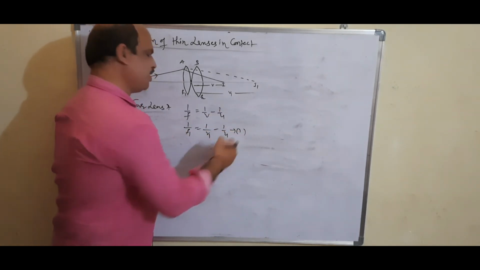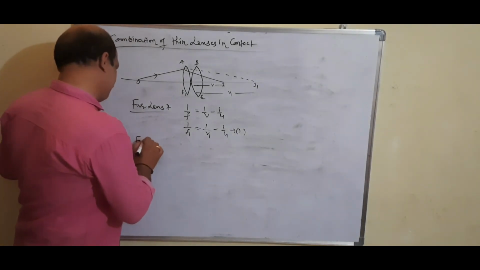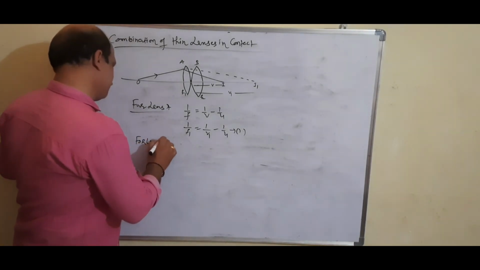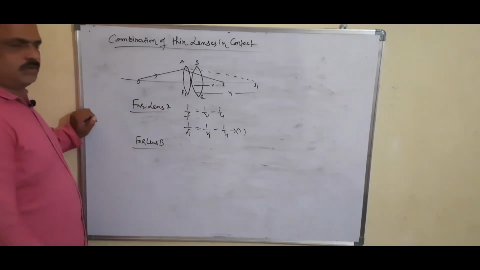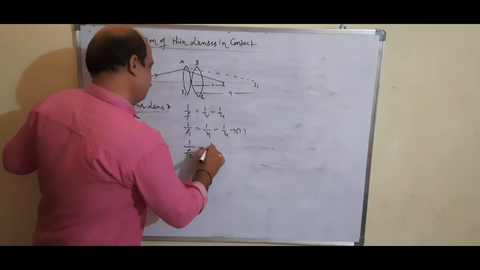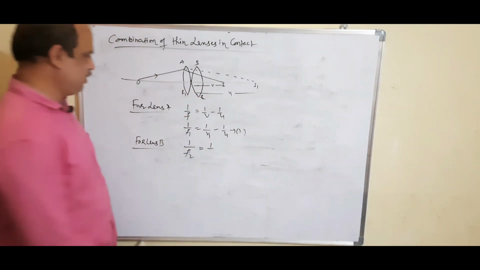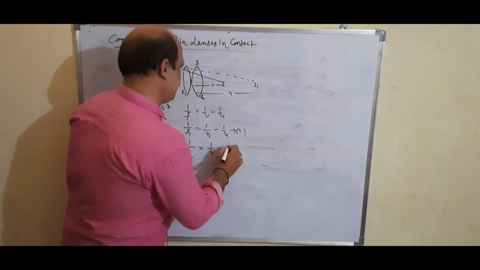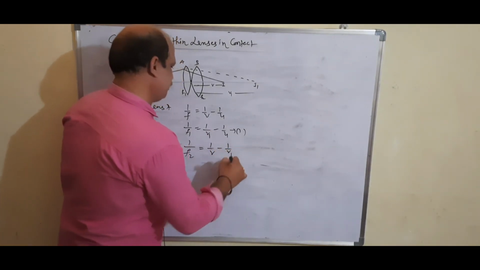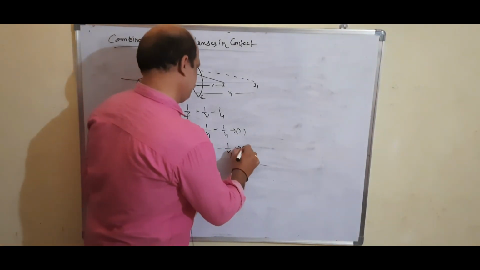This is equation 1. And for lens B, 1 by f2 is equal to 1 by v minus 1 by v1, where image distance is v and object distance is v1. So this is equation 2.